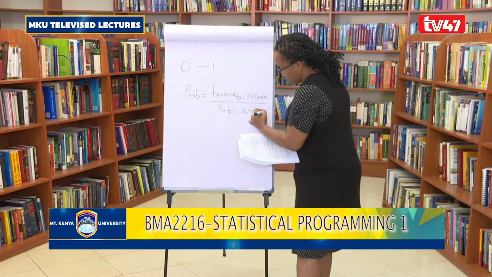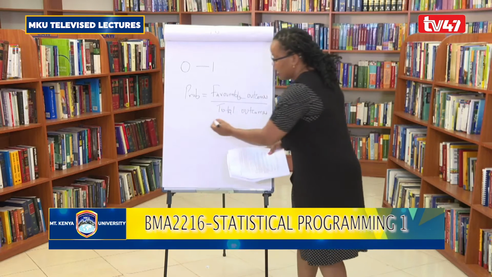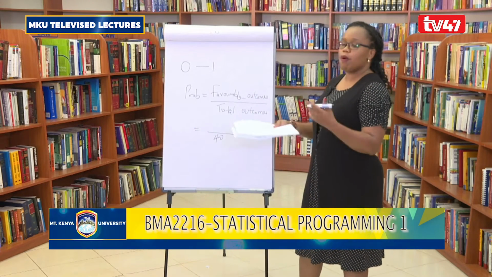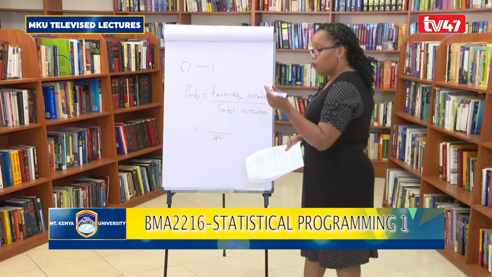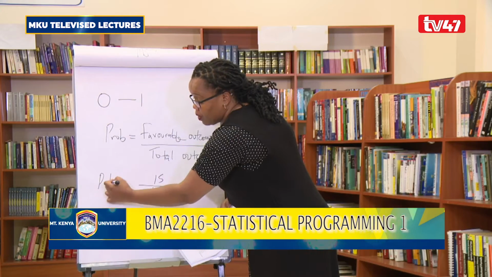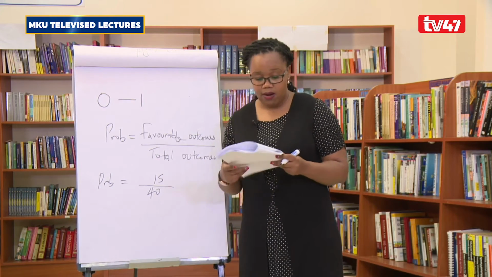Now, in our case here, total outcomes is the total number of the class, which already we know is 40. Favorable outcomes is what we are looking for, the number of ladies in the class, which we established is 15. So the probability of the number of ladies in the class will be 15 over 40.